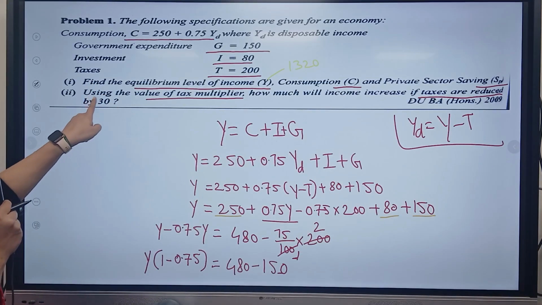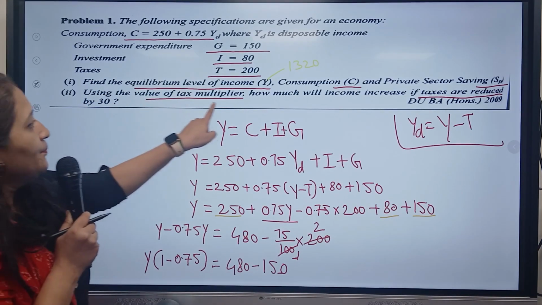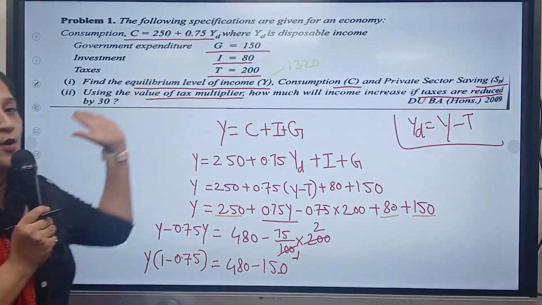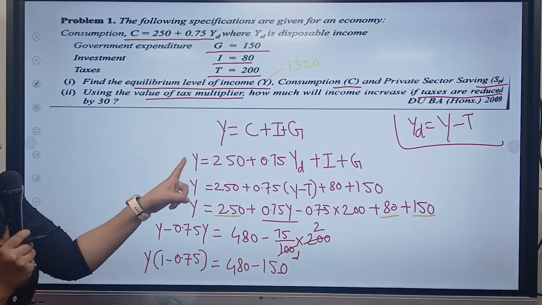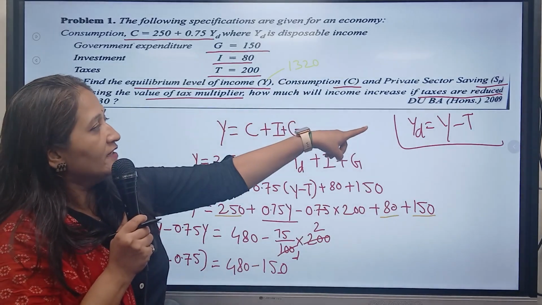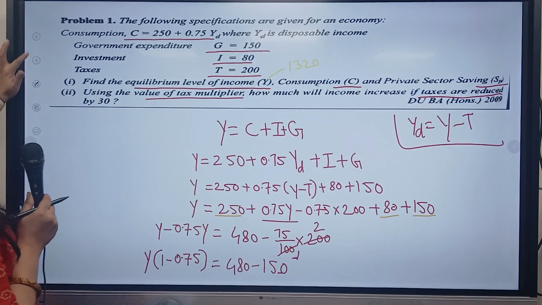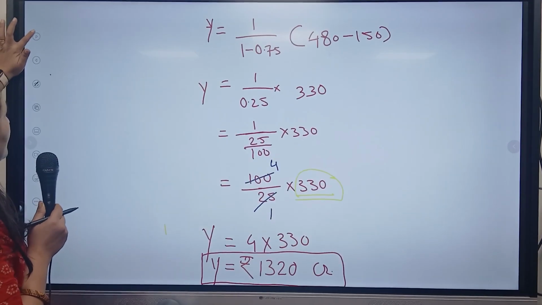Here they have asked us to calculate the effect of tax on the income of the country, and here they have taken a reduction in tax and its effect on the income of the country. So there is a reduction in tax by 30. So let us do the calculation of the second part of the case study.